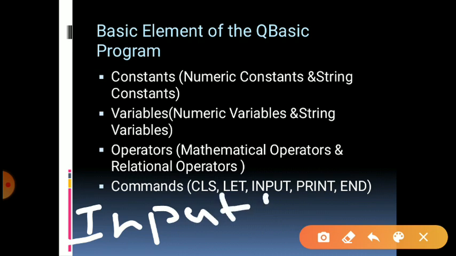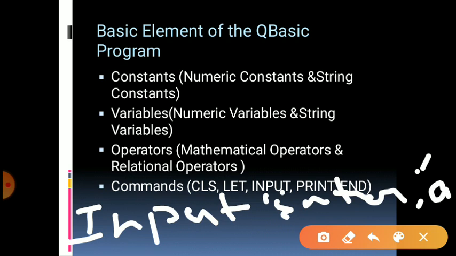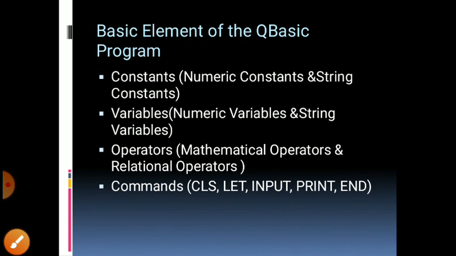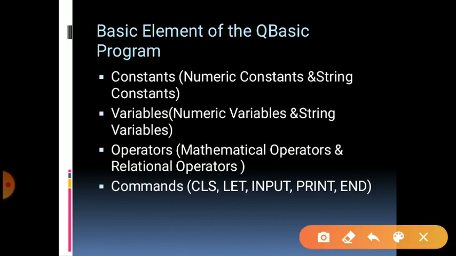Suppose here I am giving the message enter, then comma a. So this function is used to accept the value in variable a. Same in PRINT, we write PRINT and give the message and variables. Next is END. END is used to close the program.